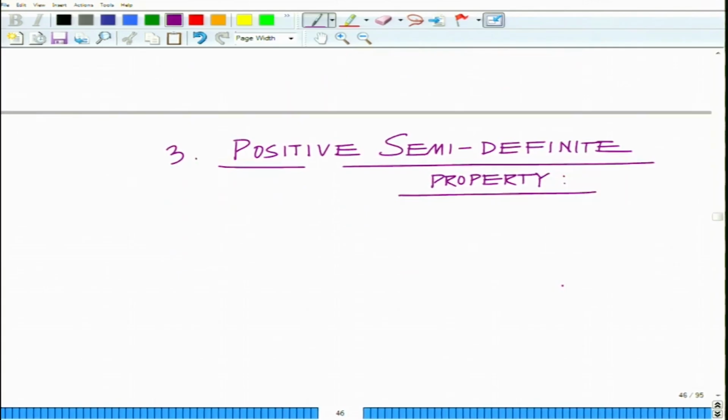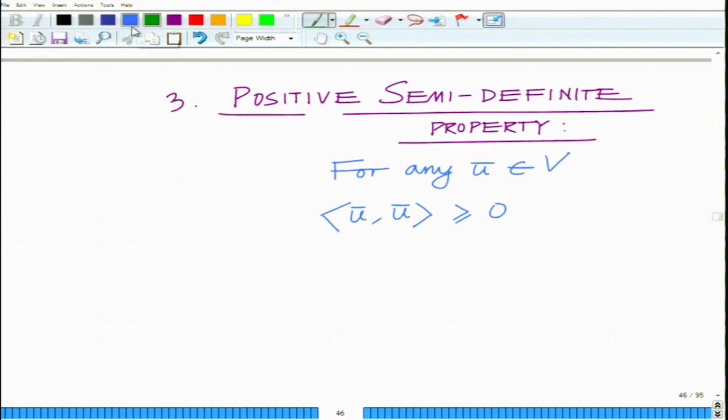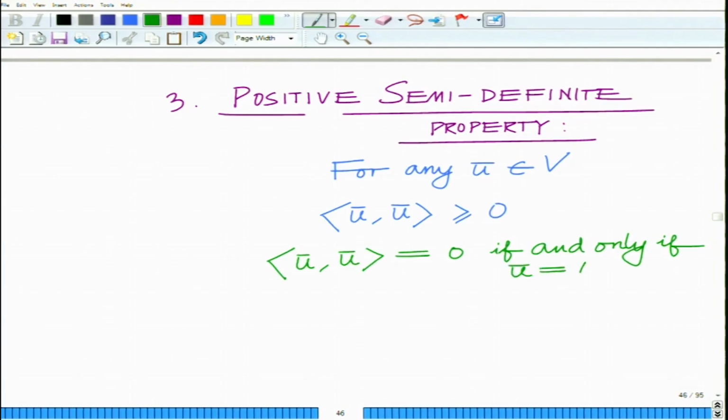It must be the case that for any u bar element of the vector space V, the inner product of u bar with itself must be greater than or equal to 0, and more importantly, the inner product of u bar with itself equals 0 if and only if u bar is itself 0.